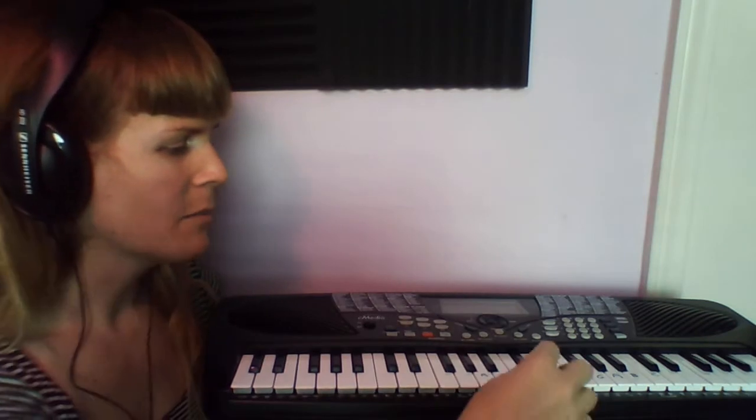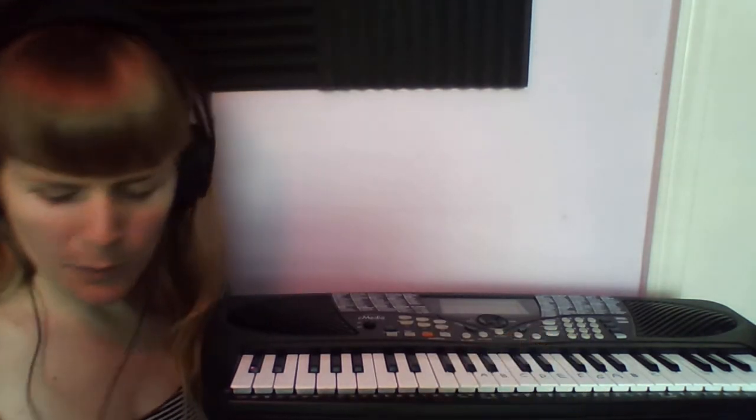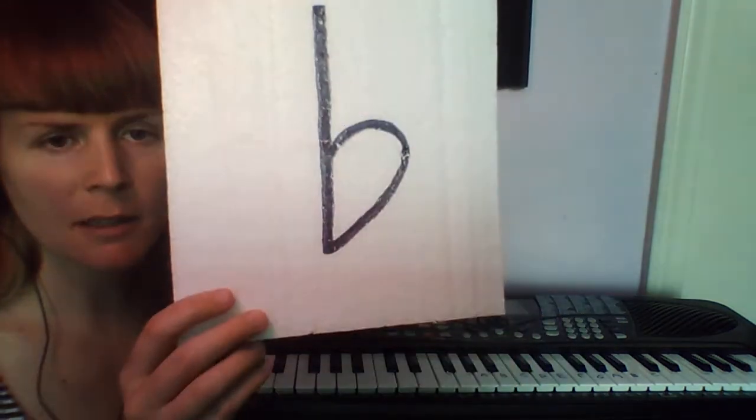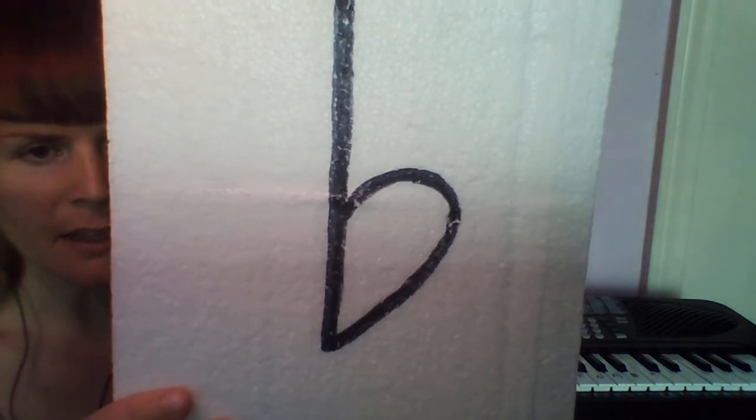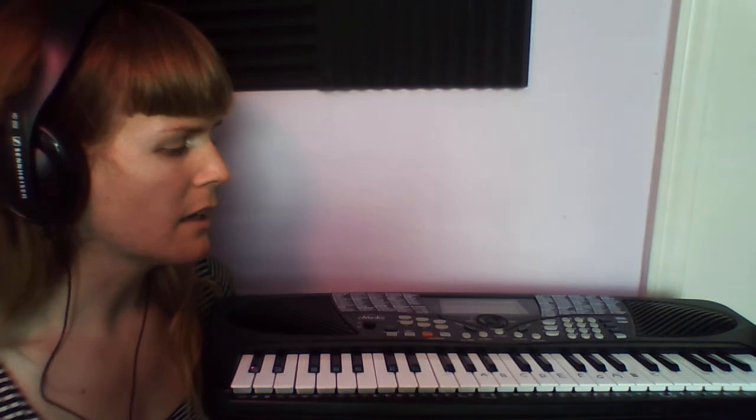Now C sharp, higher than C. But we could also call it D flat because it's a little bit lower or flatter than D. And this is a symbol for flat. It looks like a B that got flattened. So C sharp is also known as D flat. It's got an alias that it goes by.